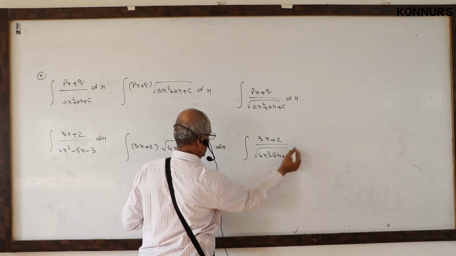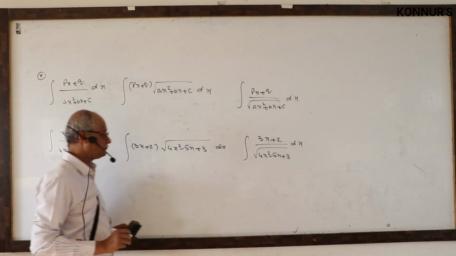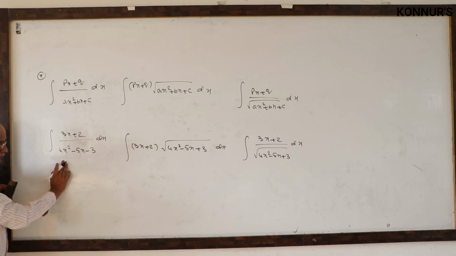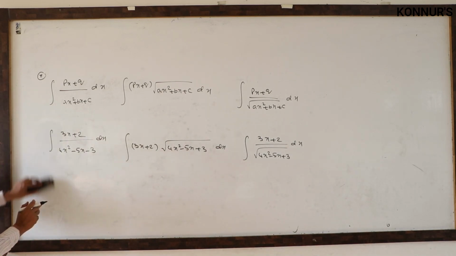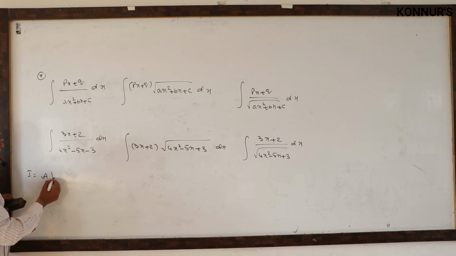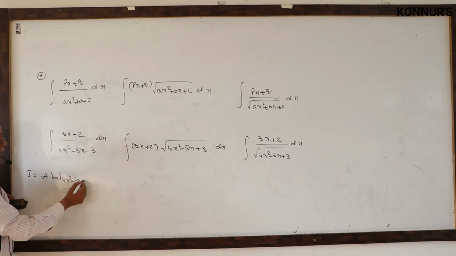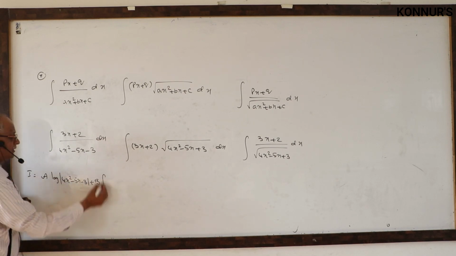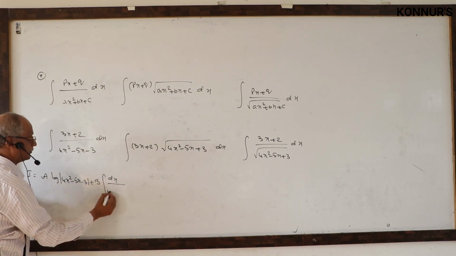See, in all these varieties, if you consider this linear by quadratic, how they will give the answer for this is a into log of denominator plus b times integral dx by quadratic.